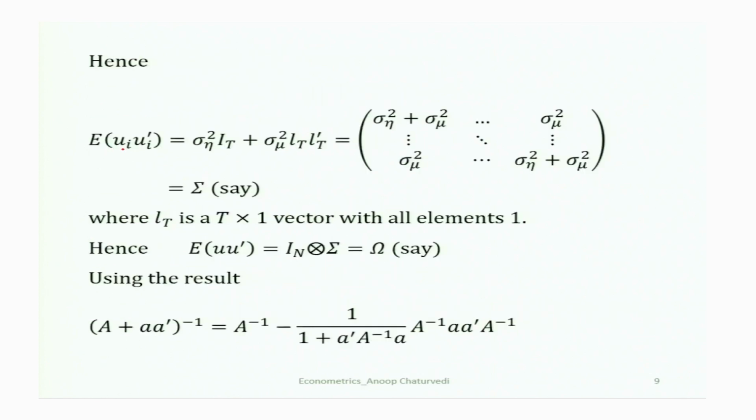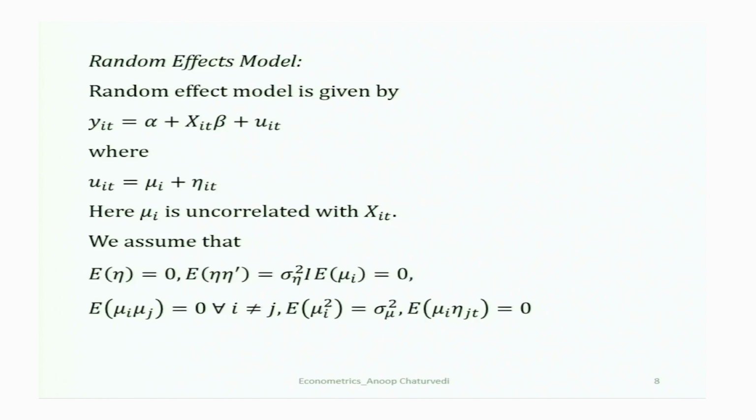Then expectation of u_i transpose is equal to, actually, u_it is equal to mu_i plus eta_it, and then expectation of u_it square is equal to expectation of mu_i square plus expectation of eta_it square.